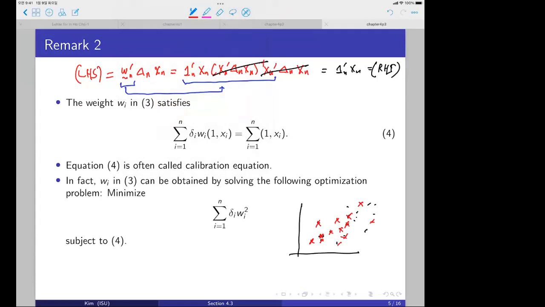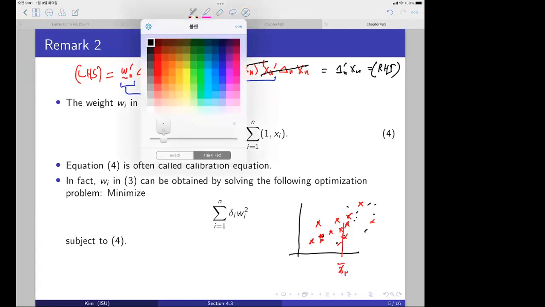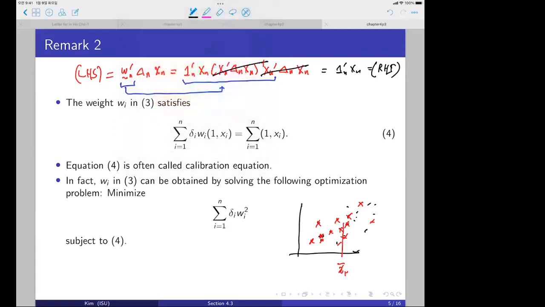The relationship between y and x doesn't really change, it stays the same, missing at random. But the mean of x here is x bar r, while the mean of x in the original data is here, x bar n.